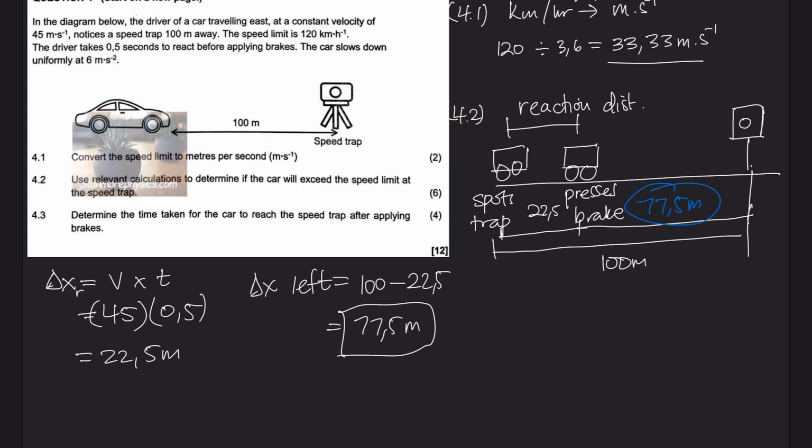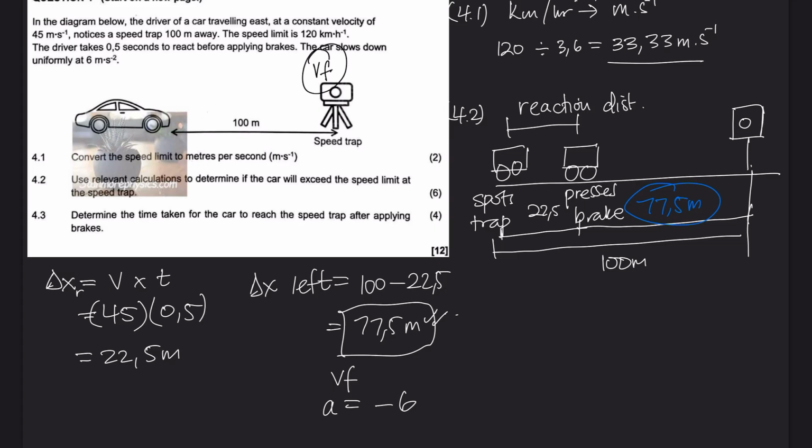Okay, so use relevant calculations to determine if the car will exceed the speed limit. Okay, so we want to work out VF. In other words, we want to work out what's the velocity when the driver reaches that point. So we want VF, we know delta x, we know that the acceleration is going to be -6. Now let's consider for a second why it's -6.